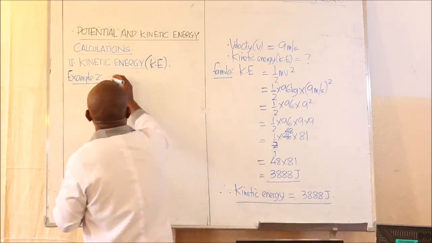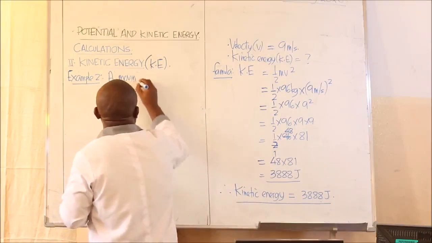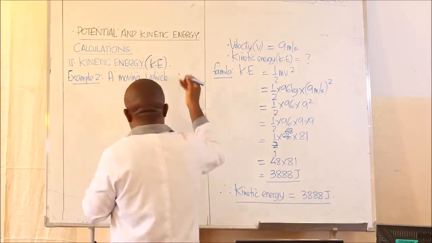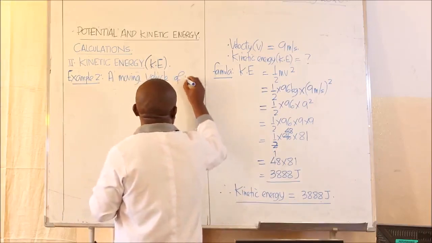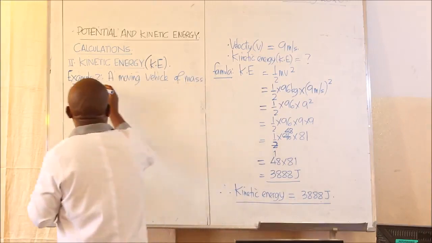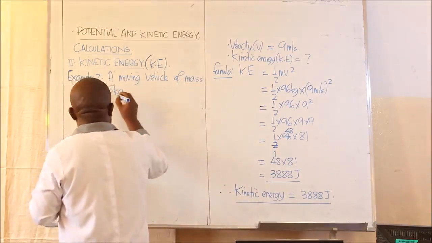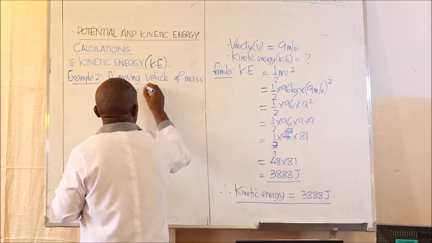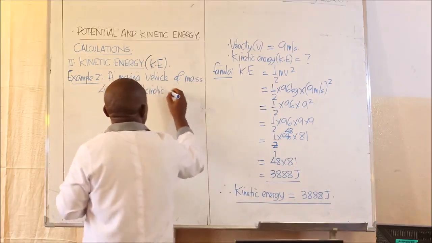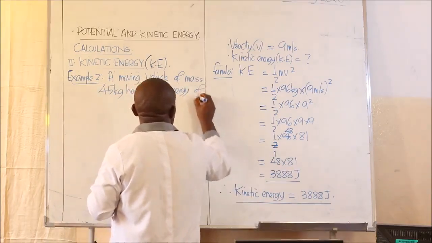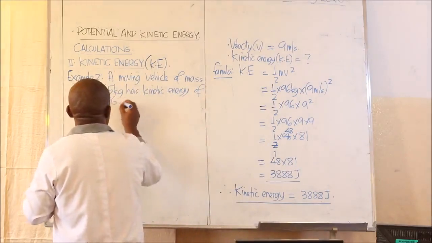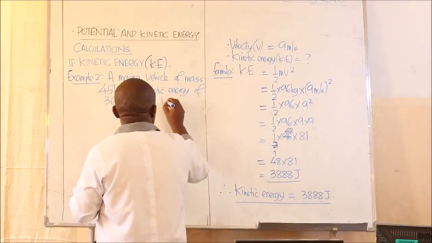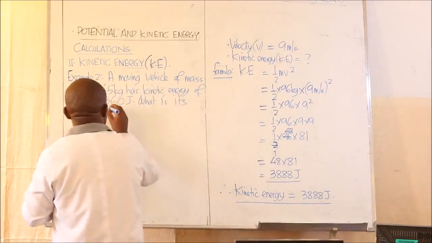So example number 2 says, a moving vehicle, or vehicle, people pronounce it differently, of mass 45 kilograms has a kinetic energy of 360 joules. What is its final velocity?